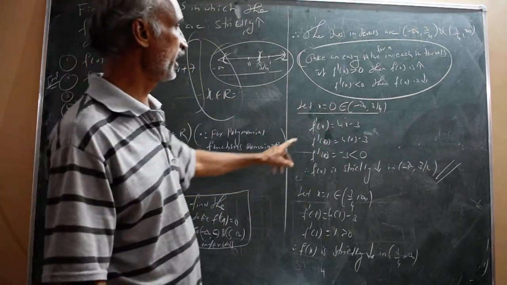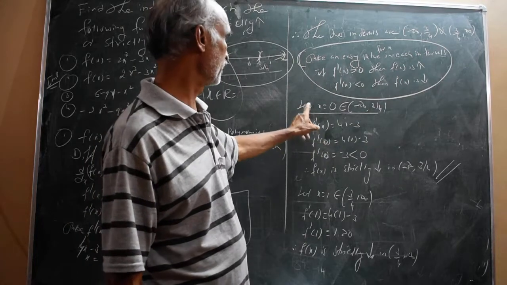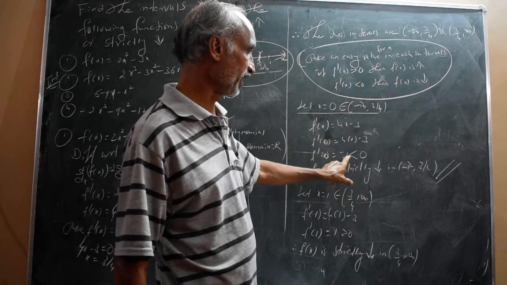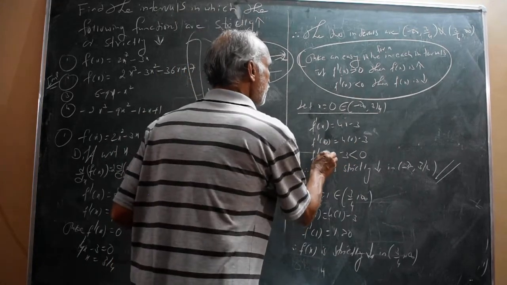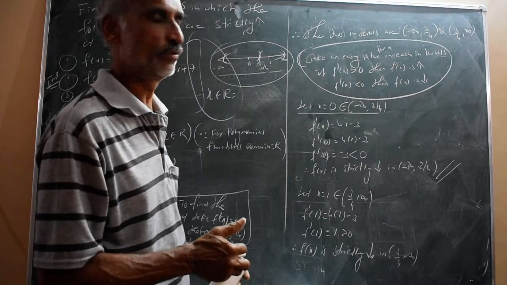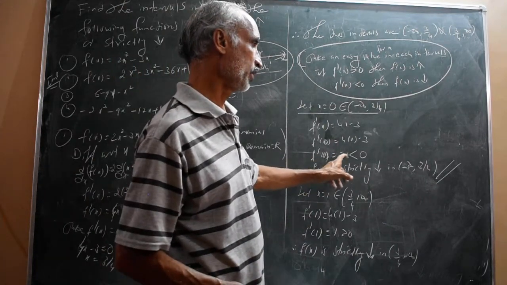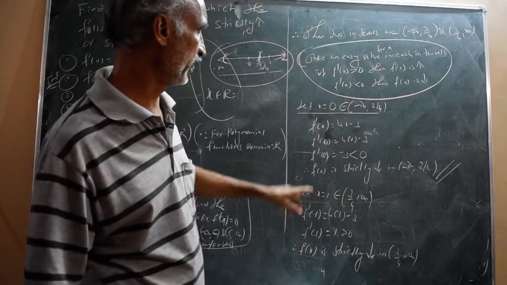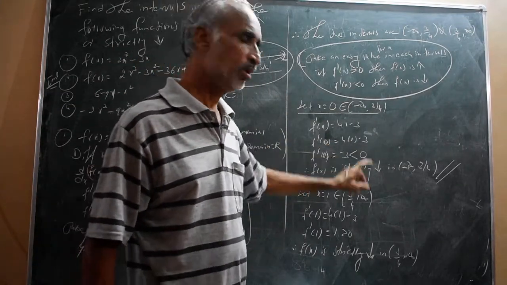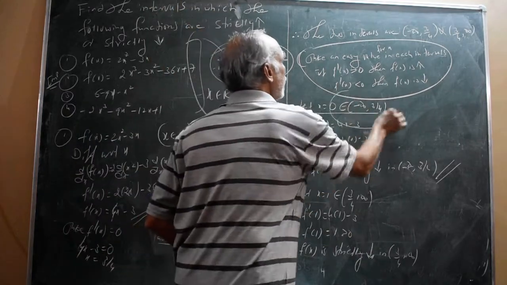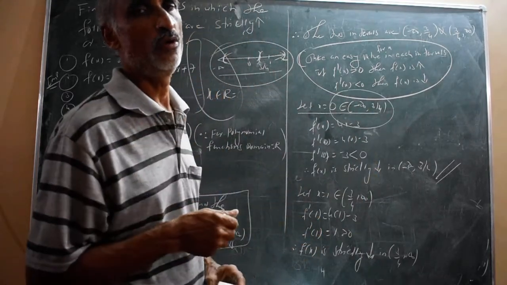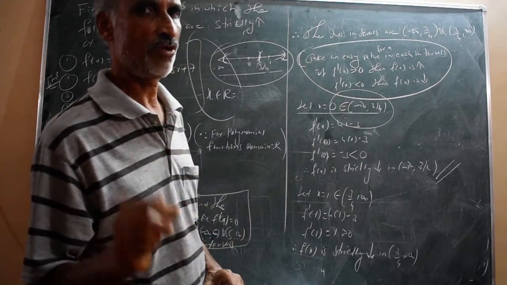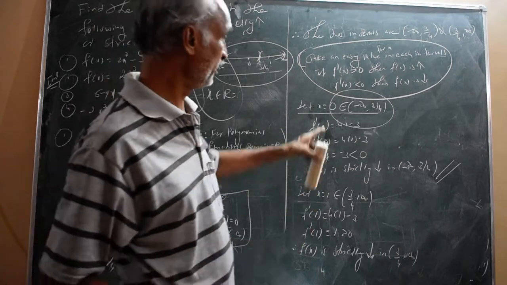Then f dash of 0 is 4 into 0 minus 3, which is minus 3. Positive or negative? Negative. So if f dash of x at the value taken is negative, then in that interval f is decreasing. Take one easy value in the interval, and that value is to be substituted in f dash of x.